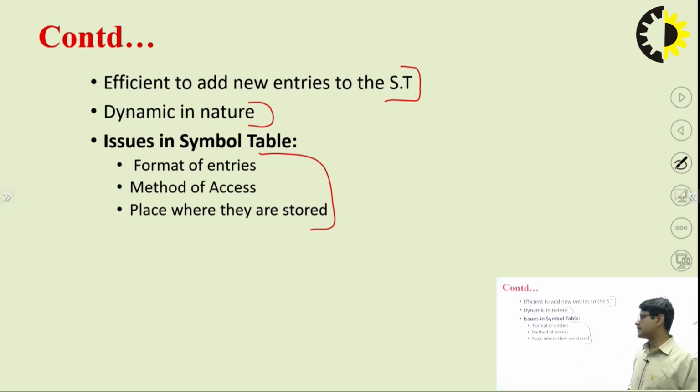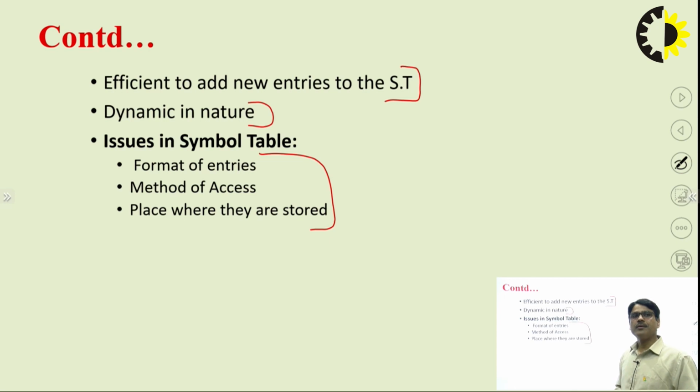The second one is the method of access, because we use different methods. One data structure takes some kind of method; if you are talking about a binary search tree, there is a different method to access the data.